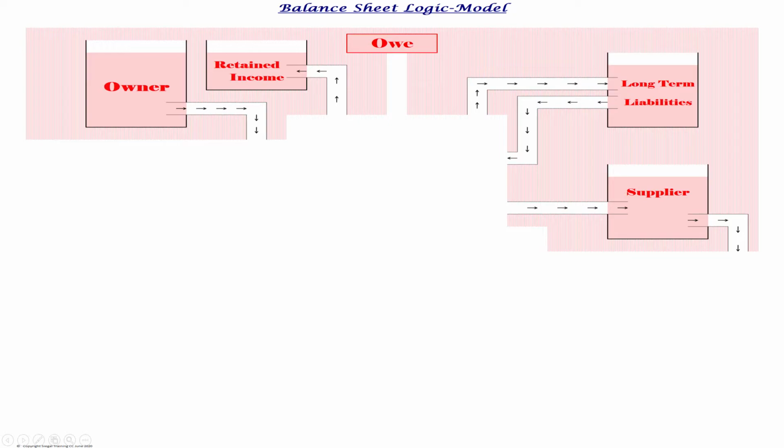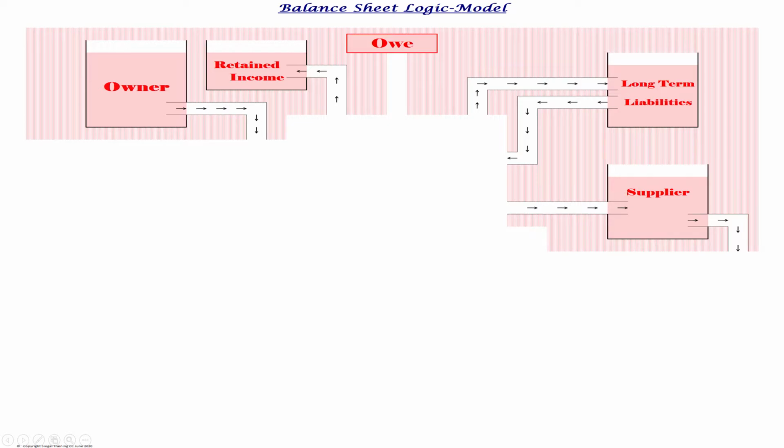And then we had the suppliers. So those are the short-term creditors or the short-term debts that the business owes, sometimes known as the current liabilities, current being another word for short-term. So the current liabilities are the suppliers that the business owes money to in its day-to-day operations.